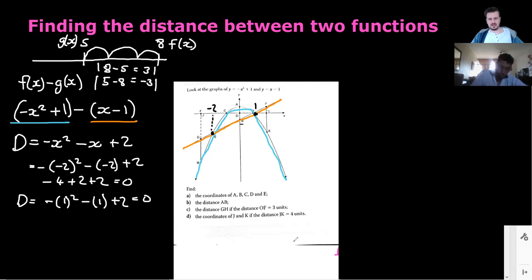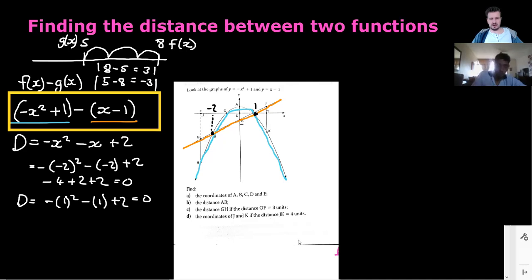So when you watch this video again, hopefully watch it a couple of times. This is very important, right? The fact that it's your blue function minus your orange function. Now you could also say orange minus blue, doesn't matter.